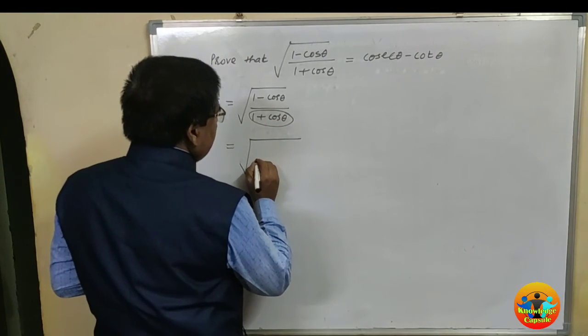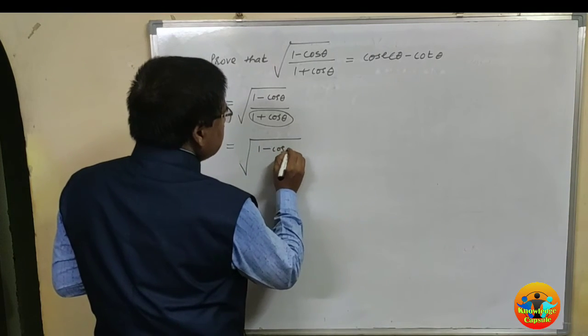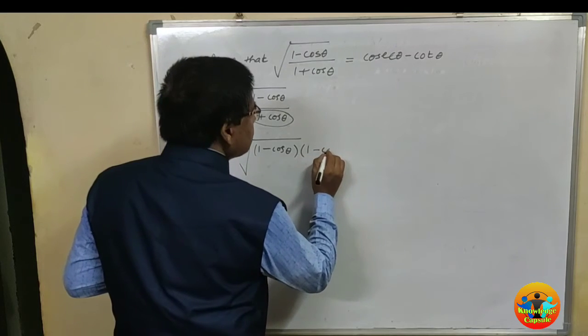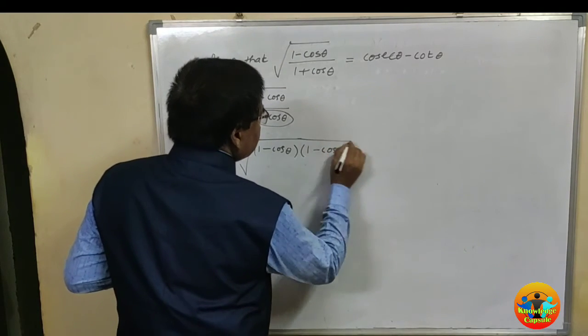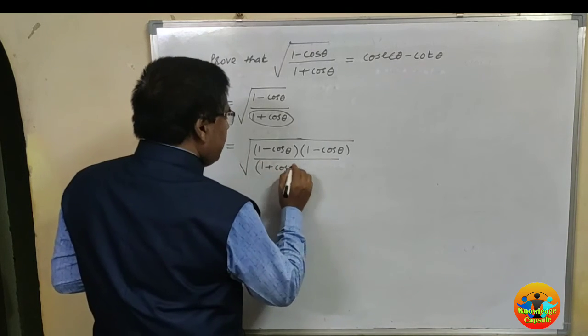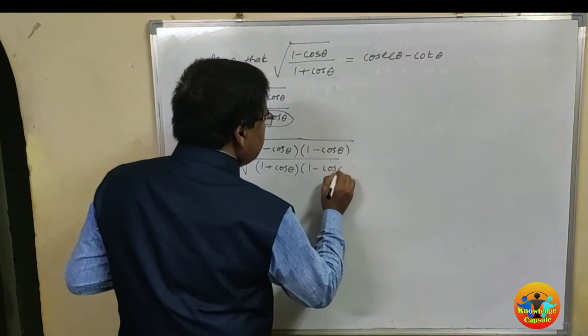Therefore 1 minus cos theta into the conjugate of this, 1 minus cos theta, divided by 1 plus cos theta into 1 minus cos theta.